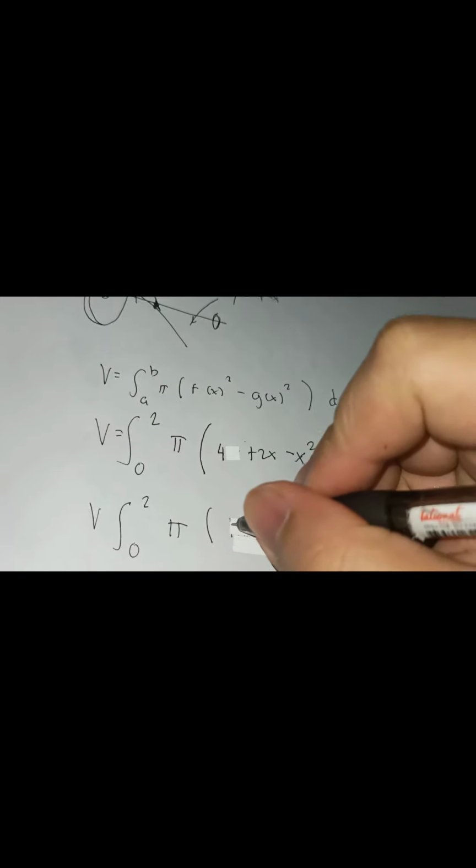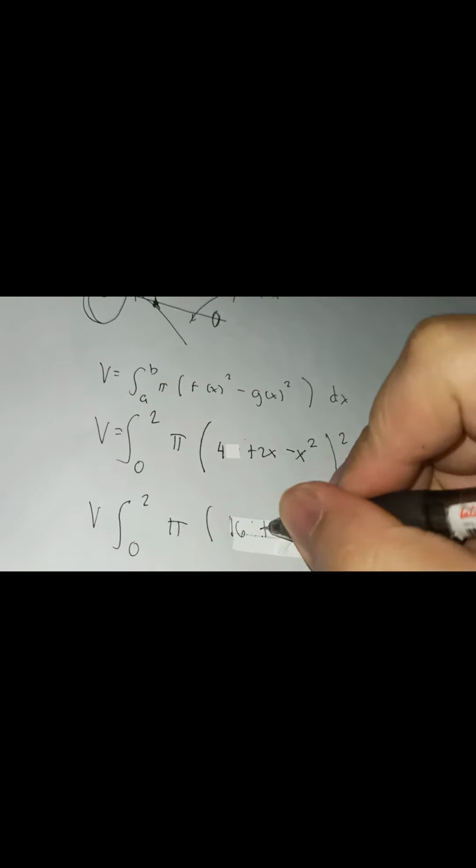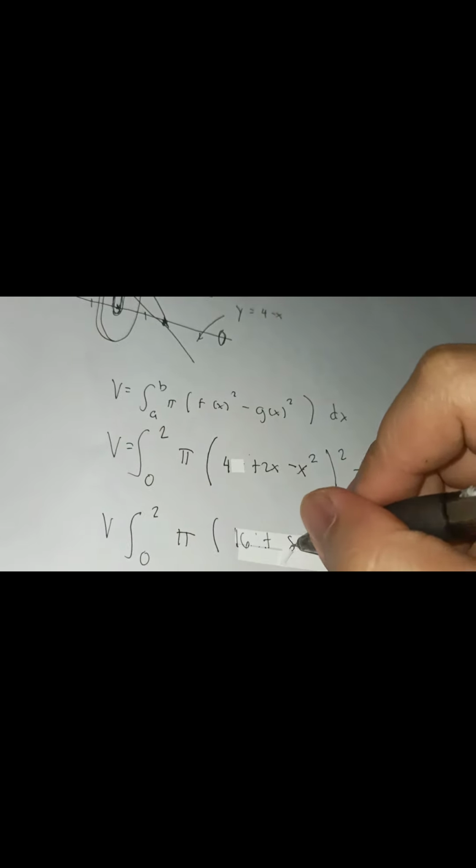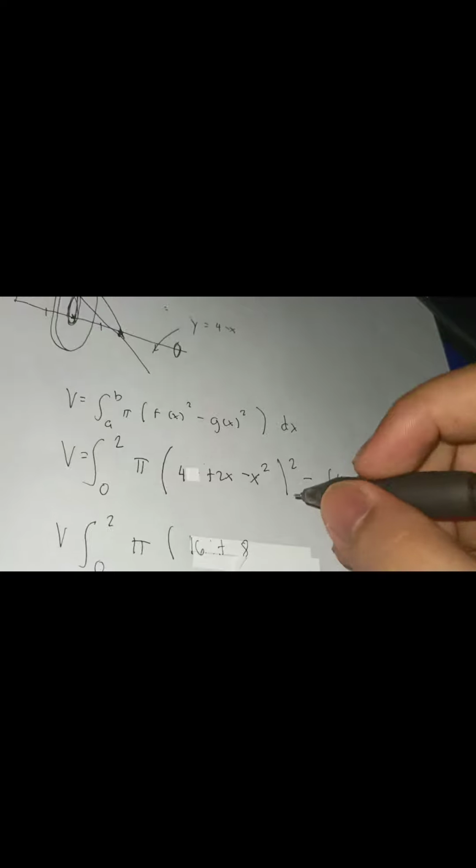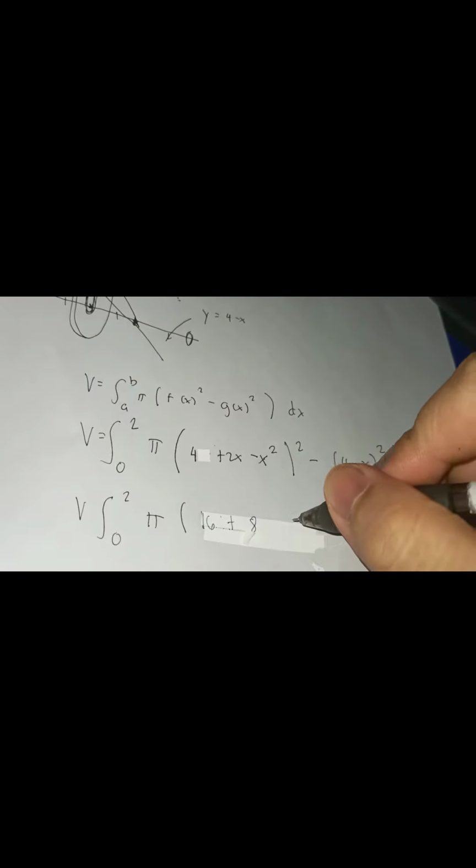We have 4 times 4 equals 16, plus 4 times 2 equals 8. After that, 4 times negative x squared equals negative 4x squared.